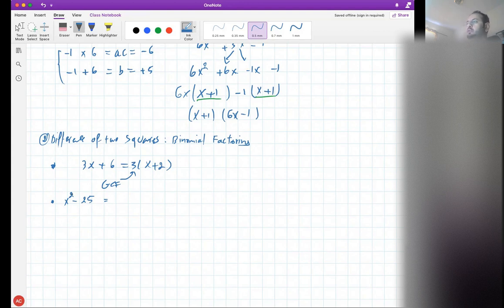There's nothing common between these two terms. So if you remember, we did this before with multiplying polynomials. We multiplied something into this. Factoring is the opposite of multiplying.